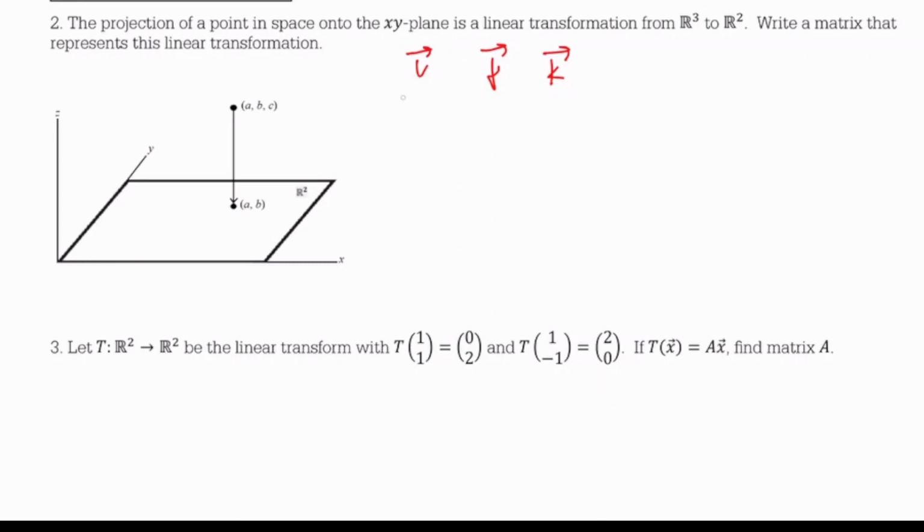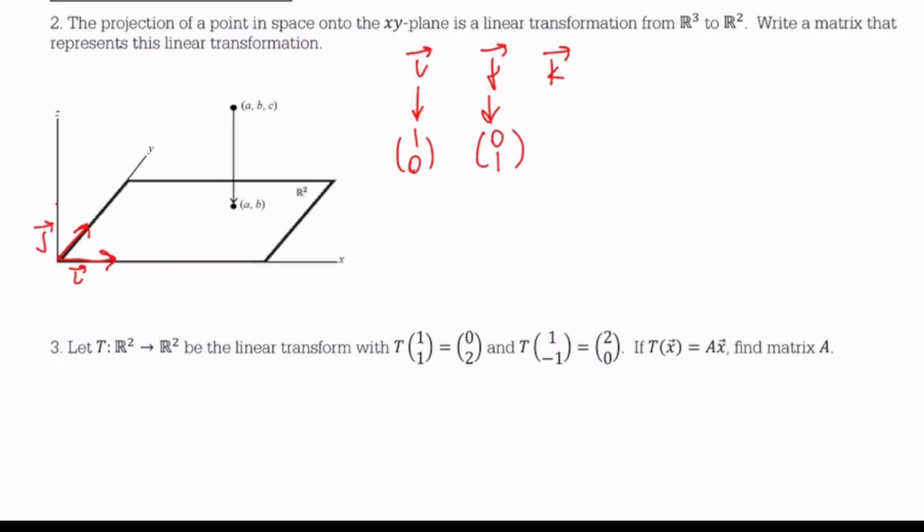If I run i through the transform, that's a point that just sits right there on the plane, so nothing happens to it, and it stays i. And j, probably the same story, right? It's already on the xy plane, so if I project it onto the xy plane, it's not going to go anywhere. It's still 0, 1.